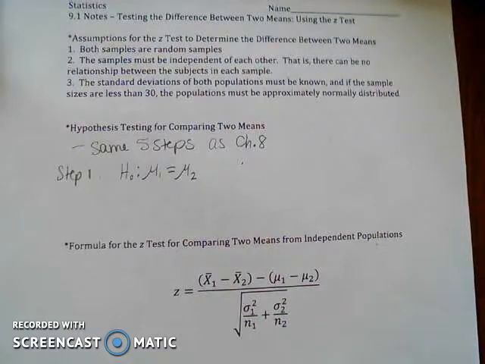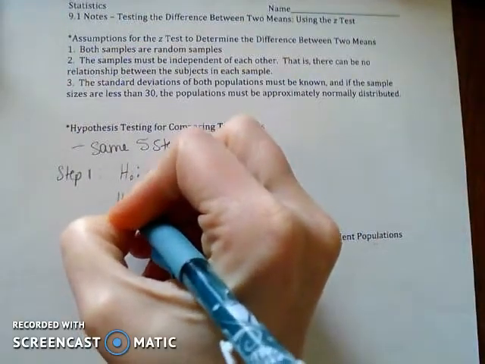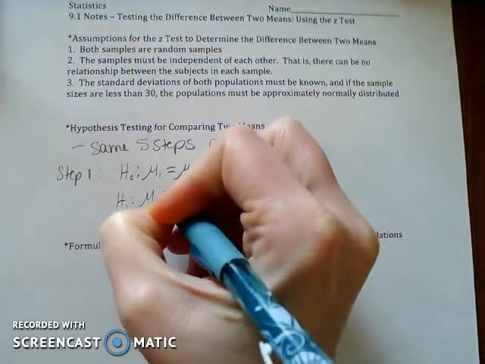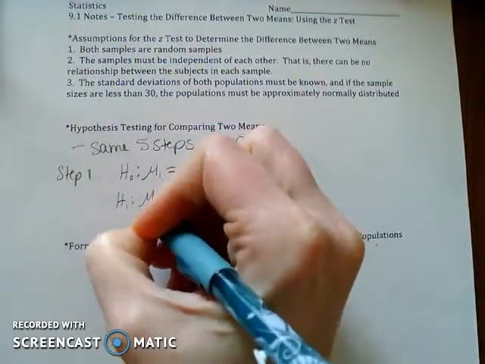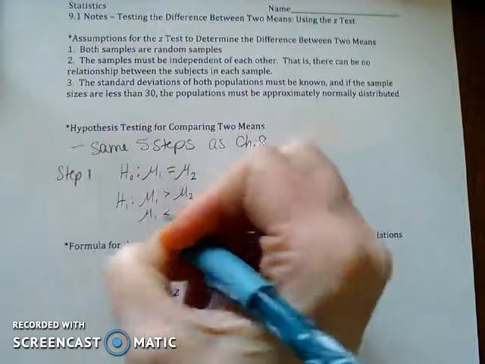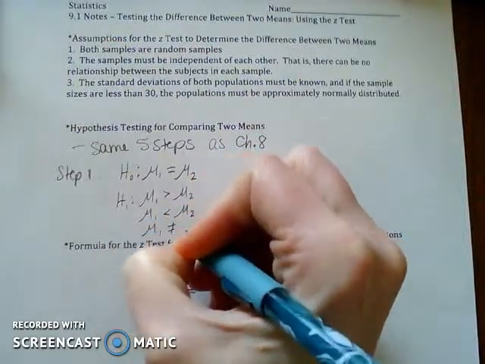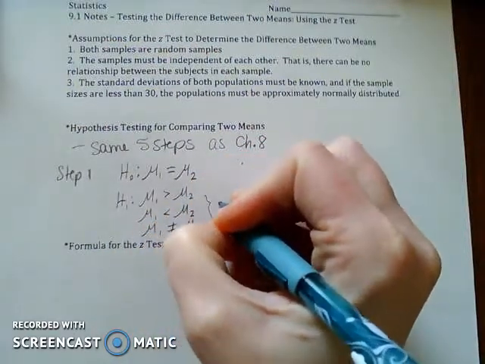Okay, so what we have is 2 completely different populations that we're comparing by comparing our sample data. All right, so we're comparing 2 different populations, whereas in Chapter 8, you were just doing one population compared to a number. All right, so then your alternative can be that it's greater than, that it's less than, or not equal to. Okay, so one of those.